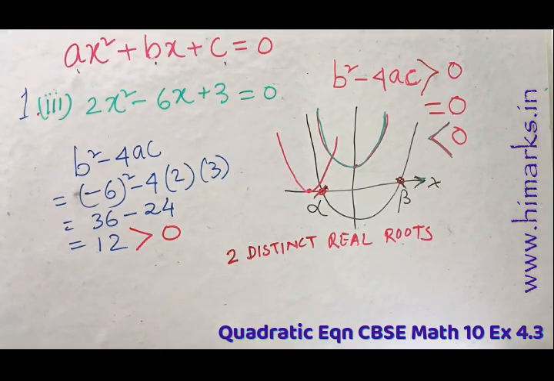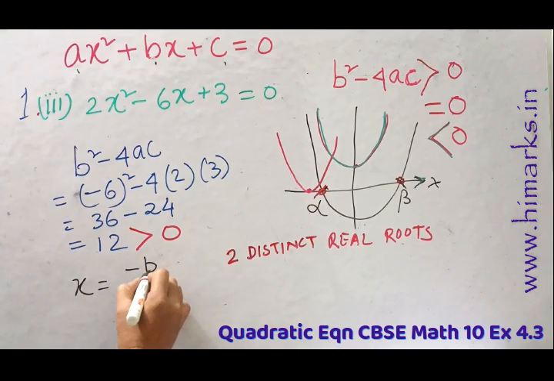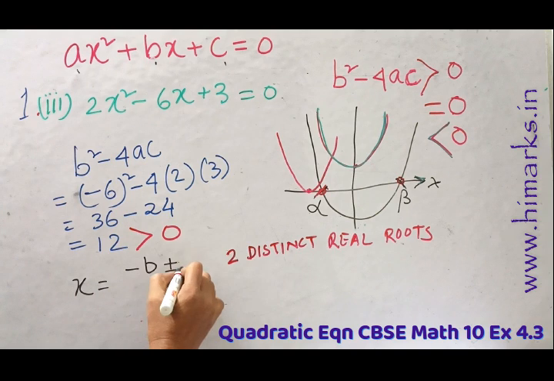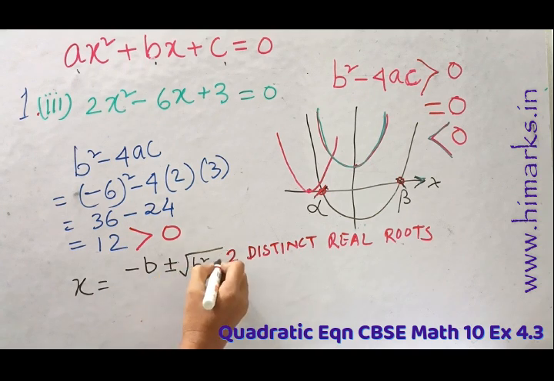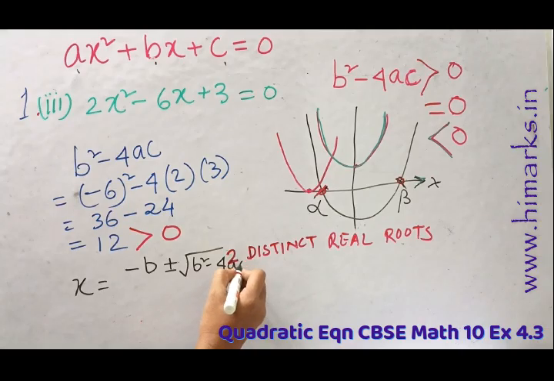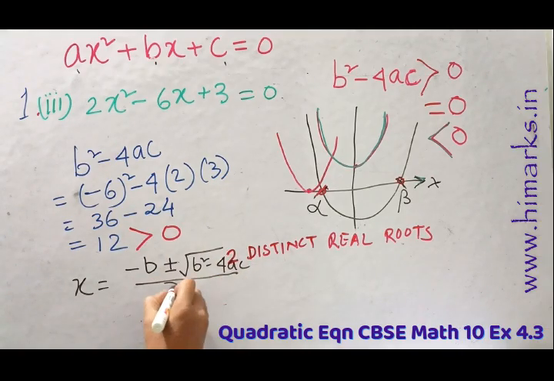So we have to find them. To find them we have to put in the formula for x. We have already discussed, x is minus b plus minus root over b square minus 4ac, by 2a.